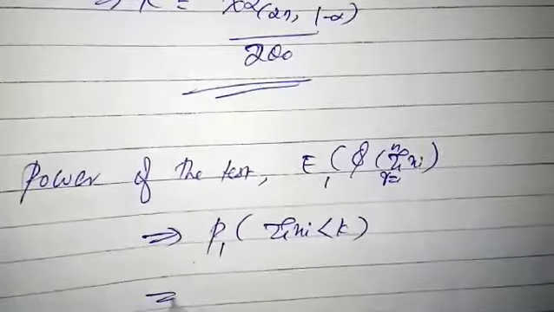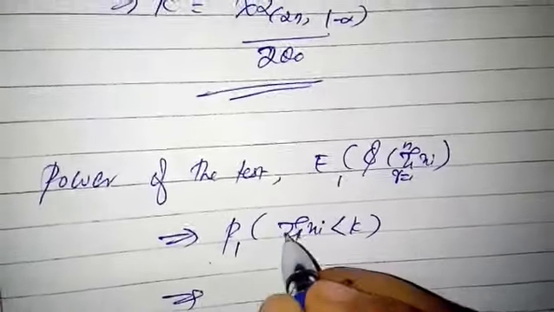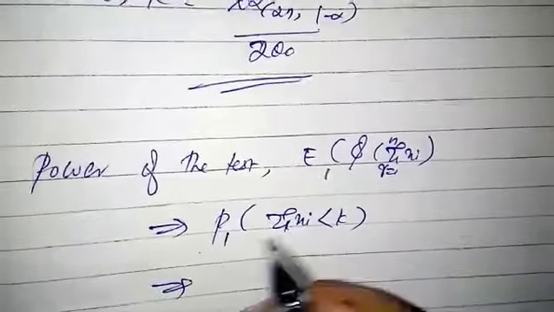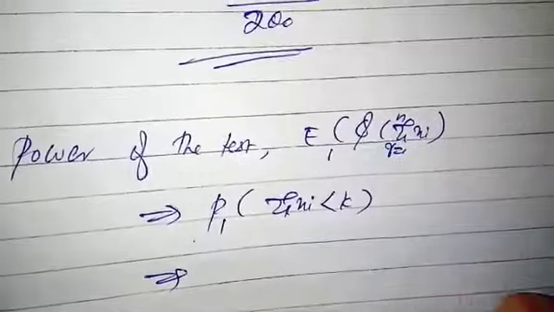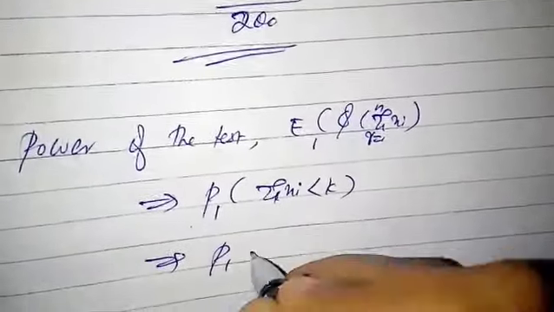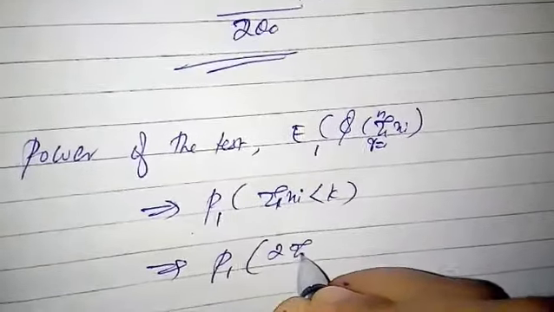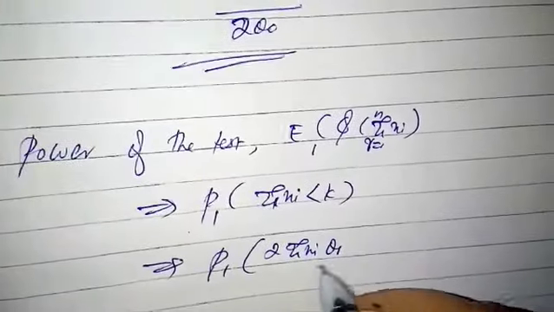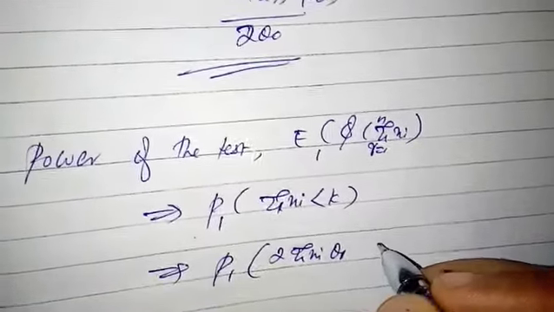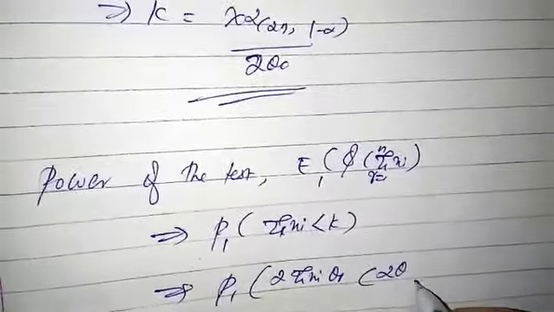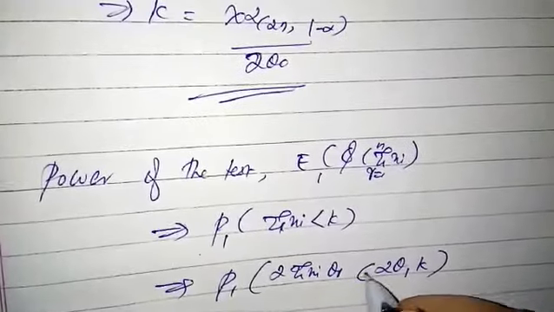We can make the transformation here also, from xi to summation xi to chi-square, that is, the probability of 2 summation xi into theta 1, under h1, greater than 2 theta 1 into k.